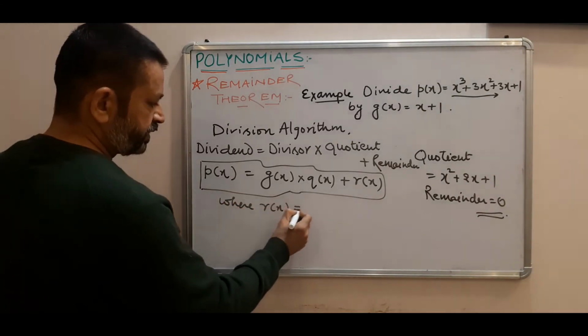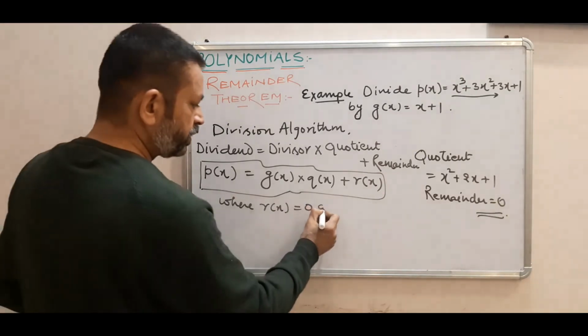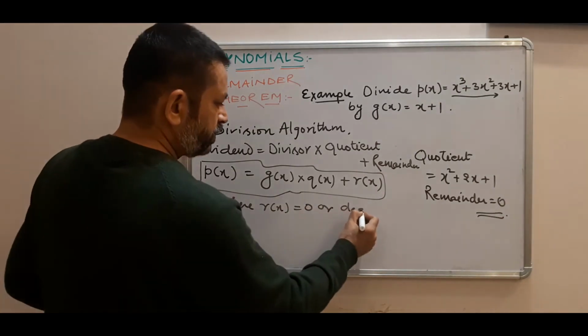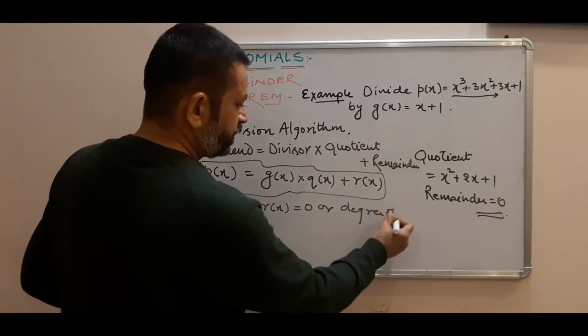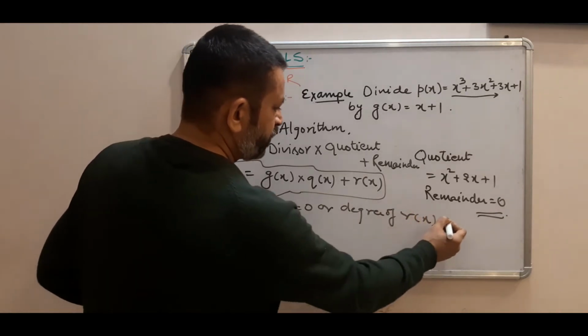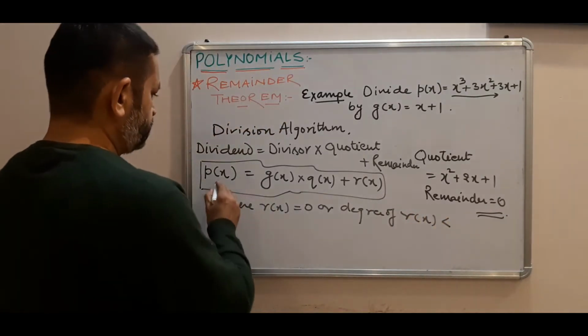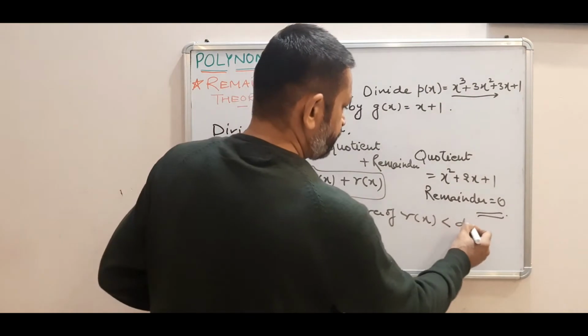r(x) is equal to 0 or degree of r(x) will be less than degree of g(x).